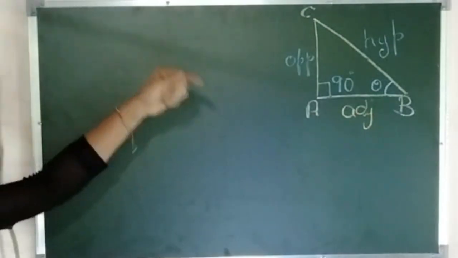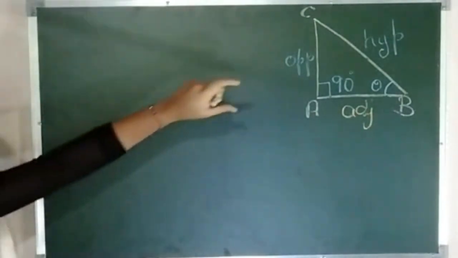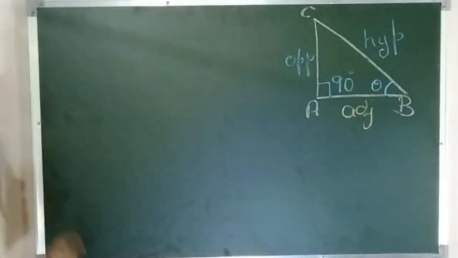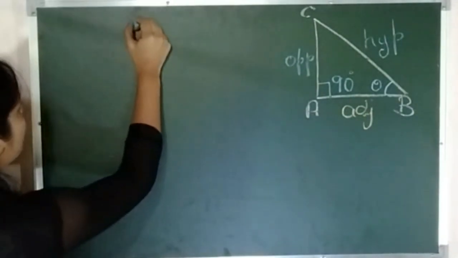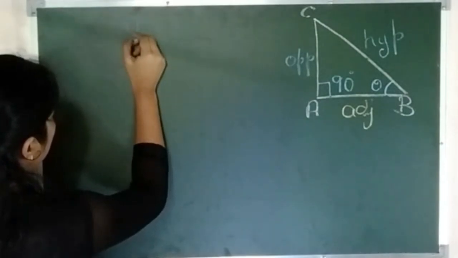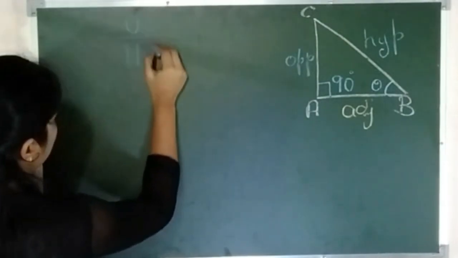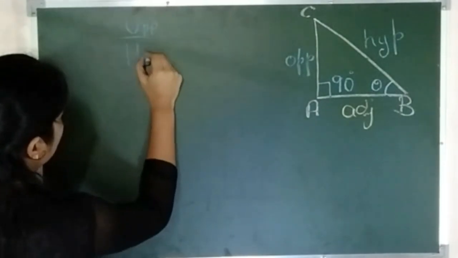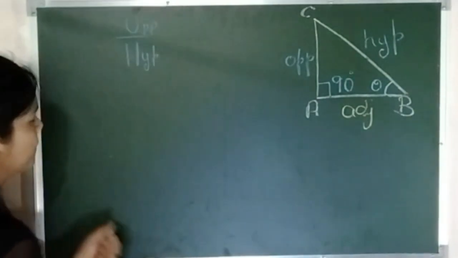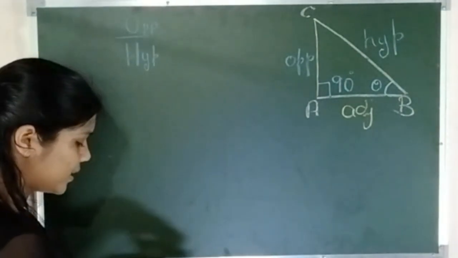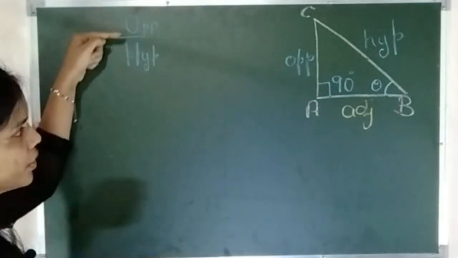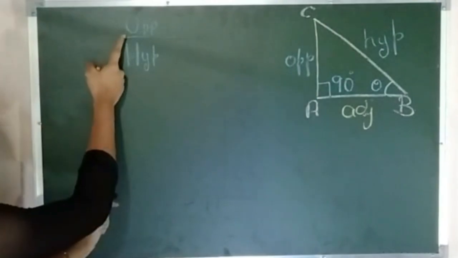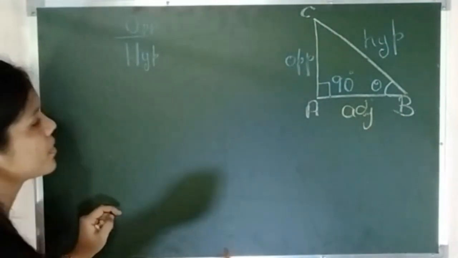If I consider the ratio of any two sides, there are many possibilities. The first possibility is the ratio of opposite side and the hypotenuse, opposite by hypotenuse.